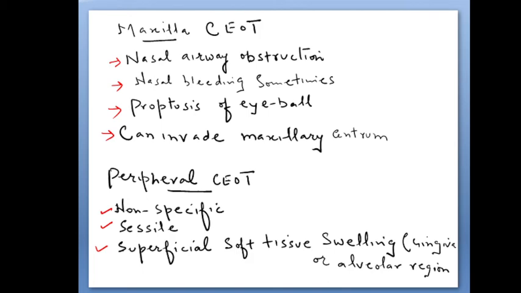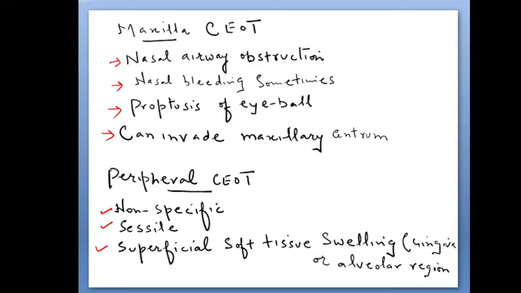The maxillary calcifying epithelial odontogenic tumors cause nasal airway obstruction, sometimes associated with nasal bleeding and proptosis of the eyeball, and can invade the maxillary antrum.